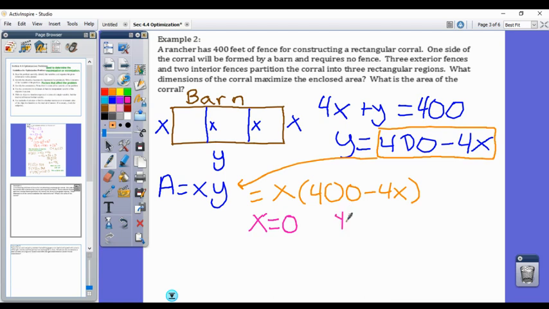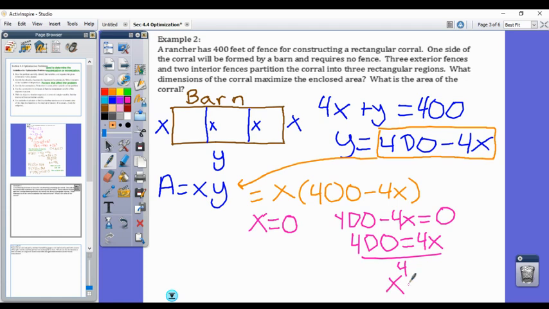Or we could say 400 minus 4x, set this equal to 0, which would give me 400 is equal to 4x. So my upper limit for x in this case is going to be 100. All right, so now that we know that, we can go ahead and FOIL this or distribute this out so that we can find the derivative.